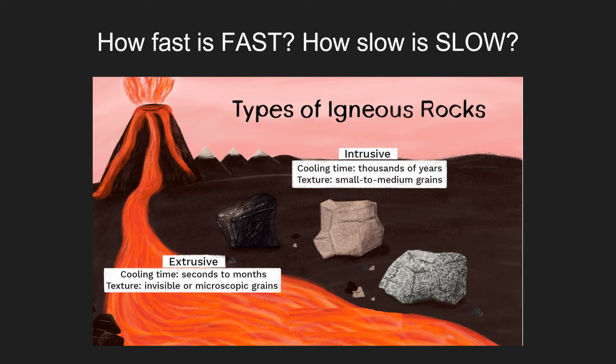But if it's in the middle of winter when it's already, we'll say 30 degrees out, we know it's going to cool much faster. Intrusive, inside the Earth, magma, on the other hand, can take thousands and thousands of years. It takes a long, long time to grow. So they're going to have a medium to large grain.